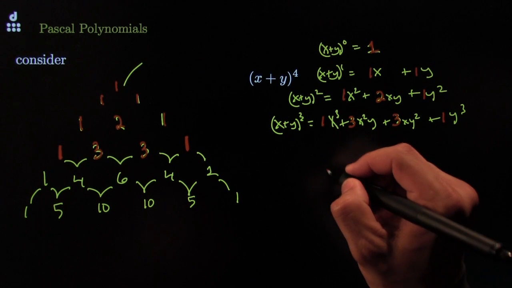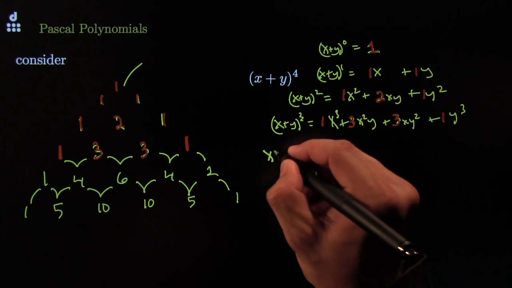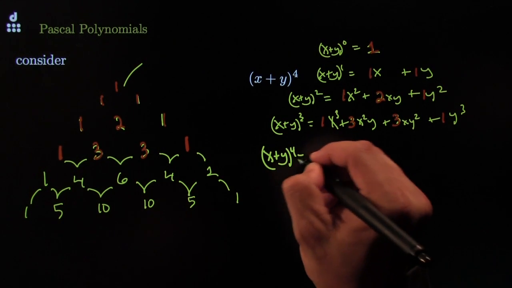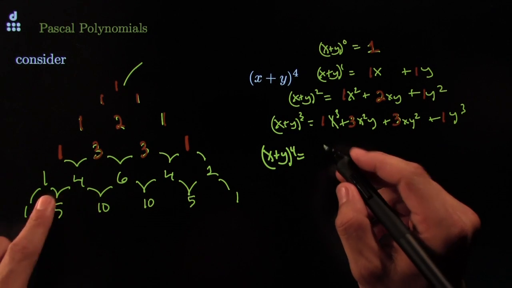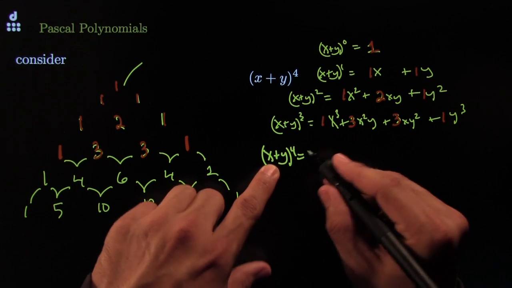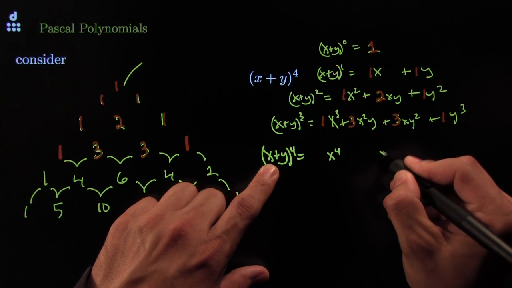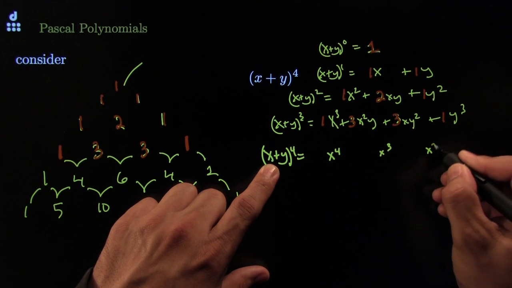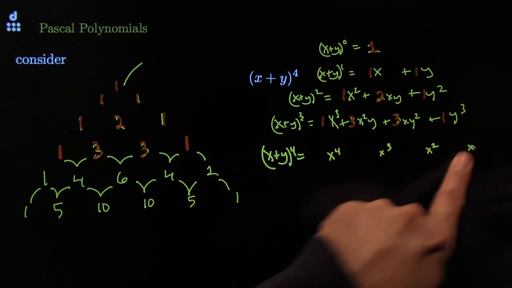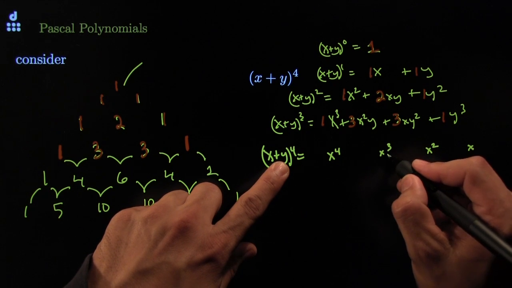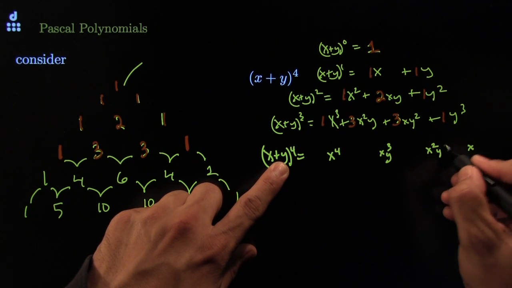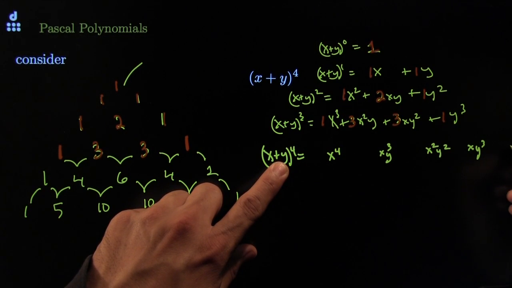That being said, we could easily multiply x plus y to the fourth. We would just first understand the pattern for the variables. They decrease, so you have x to the fourth, x to the third, x squared, and then an x. They go down. The y's on the other hand go up. No y, 1 y, 2 y's, 3 y's, and 4 y's.